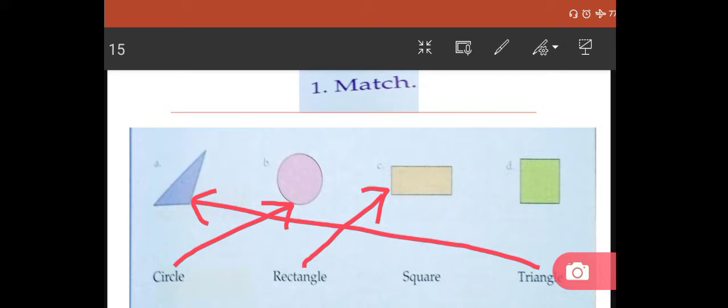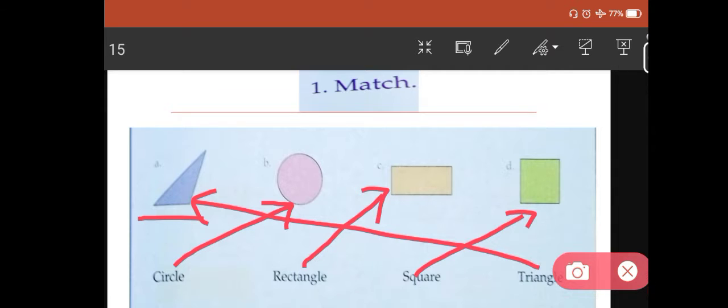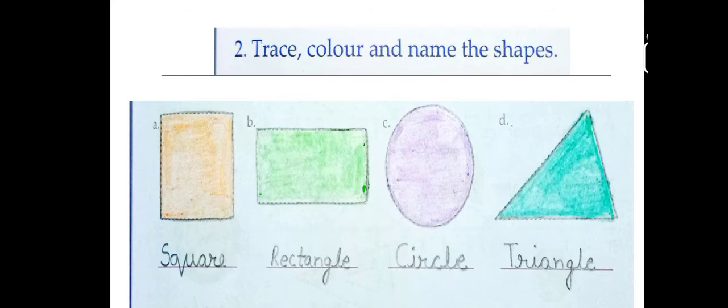Now number D. This is square, and the spelling is SQUARE. Now the first picture is triangle, picture A. Number B, circle. Number C, rectangle. Number D, square.